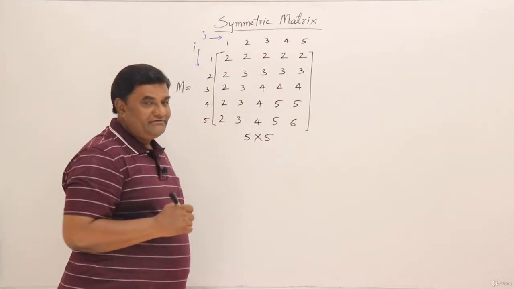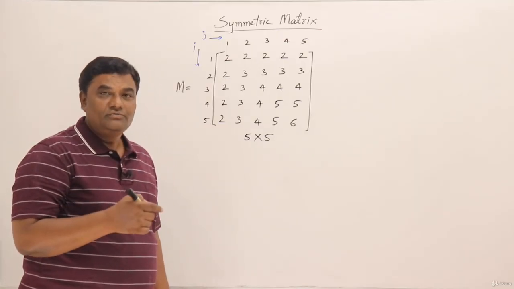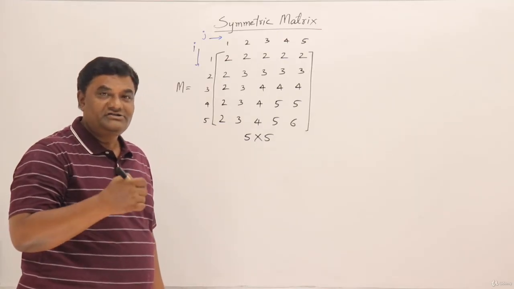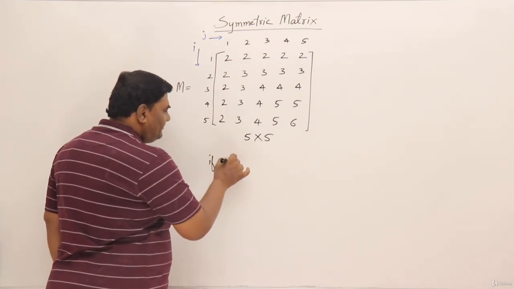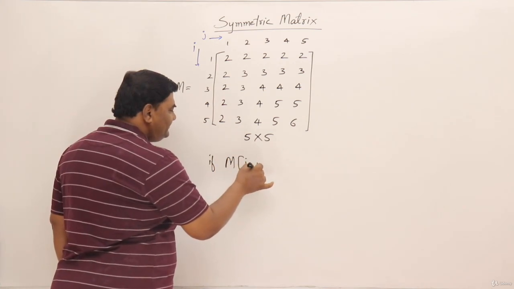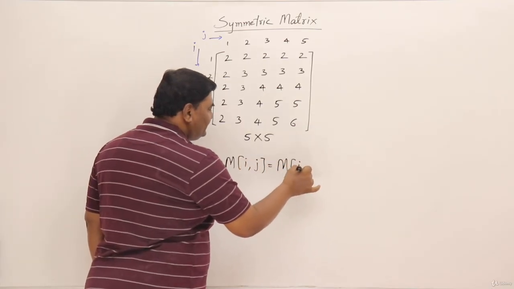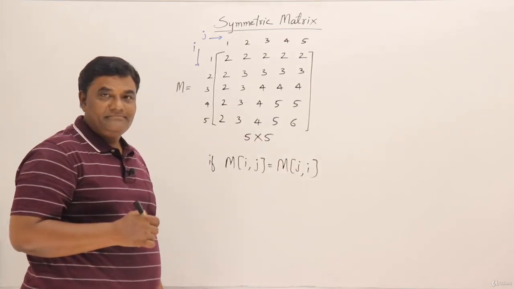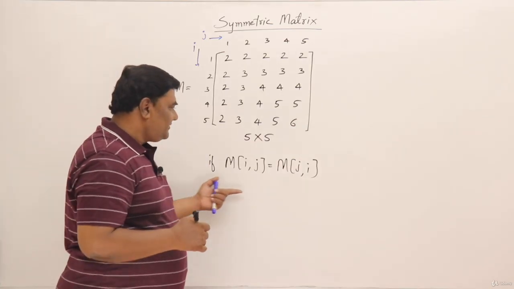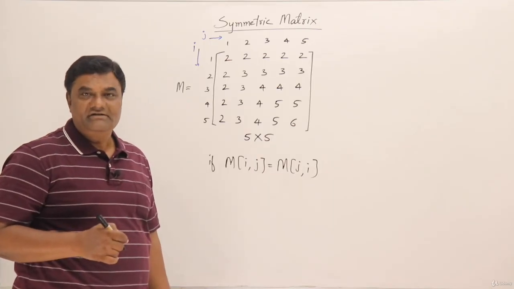So if you observe, the element at location ij is equal to the element at location ji. So if matrix of ij is equal to matrix of ji, then it's a symmetric matrix. This is the property and the definition of a symmetric matrix.